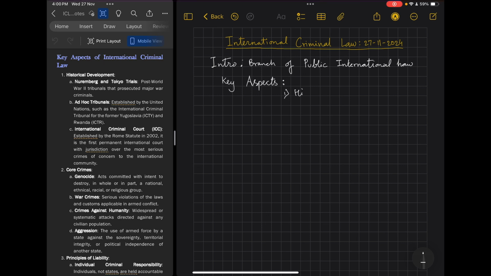So how did the law of crimes, or international criminal law, develop? Historical development.